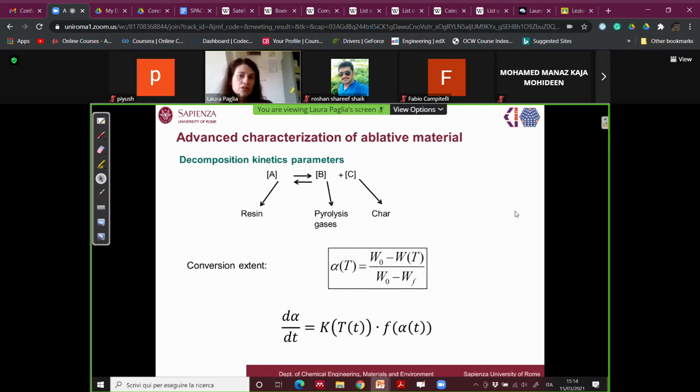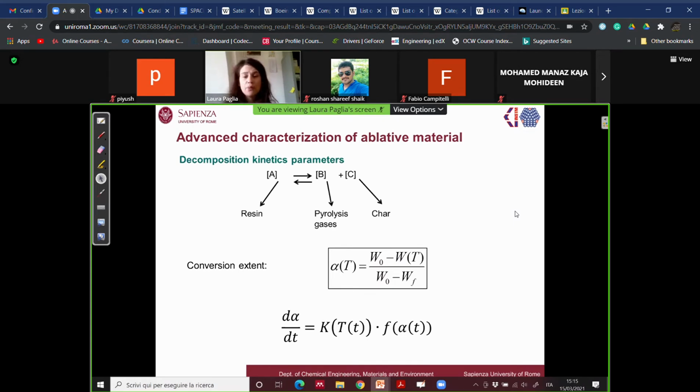During the last lesson, we started to observe this important chemical equation, in which we consider the phenolic resin, if we consider a carbon phenolic ablator, as the only reagent, and two different kinds of products, the pyrolysis gases and char, which is solid.